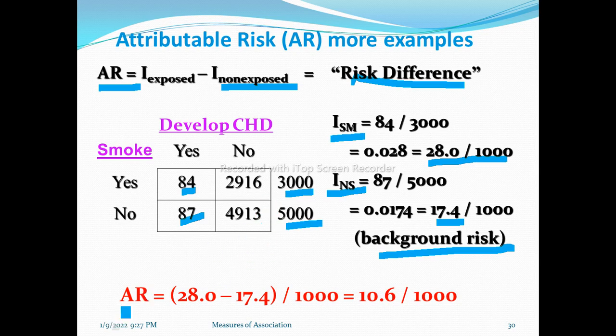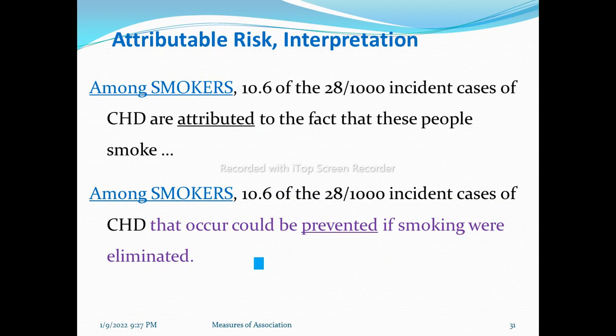Now attributable risk is equal to 28 minus 17.4 per thousand, that means 10.6 per thousand. This is to give more explanation for the previous example. So you can calculate attributable risk just like this. How to interpret it? Among smokers, 10.6 of the 28 per thousand incident cases of CHD are attributable to the fact that those people smoke.